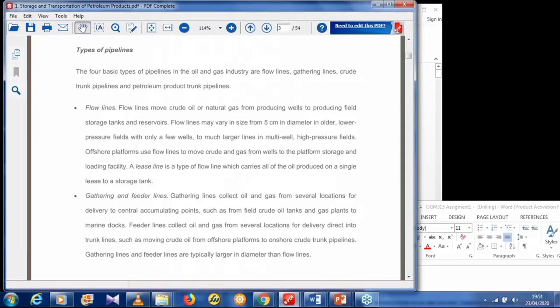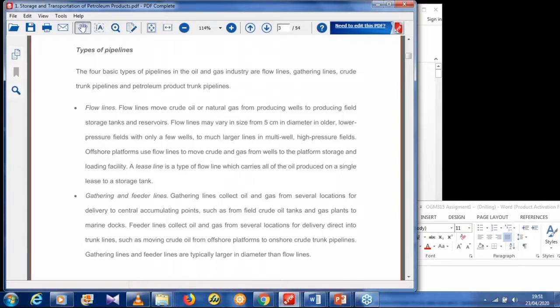We have flow line, number one. We have gathering line, number two. We have crude oil trunk pipeline and petroleum product trunk pipeline.